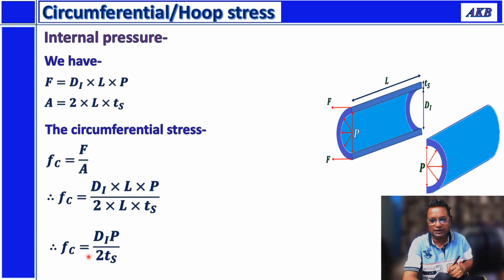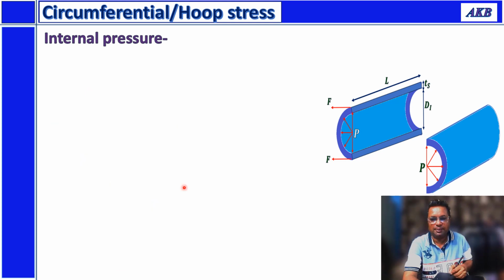If you simplify it, you will get this equation for Fc. Fc is equal to Di into P upon 2 into Ts. So circumferential stress or hoop stress due to internal pressure P is internal diameter into pressure divided by 2 into thickness of the shell.